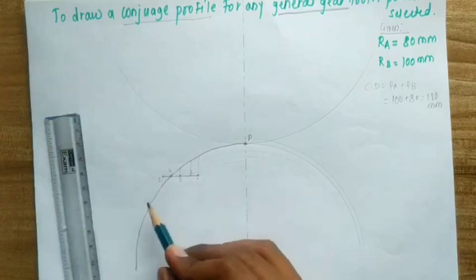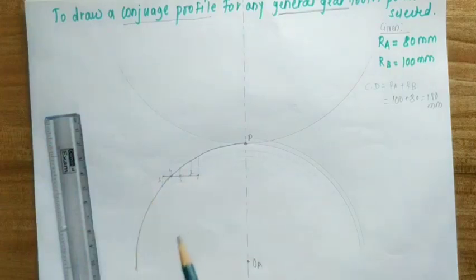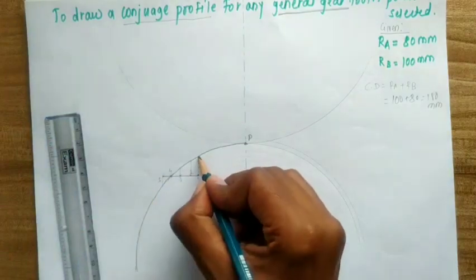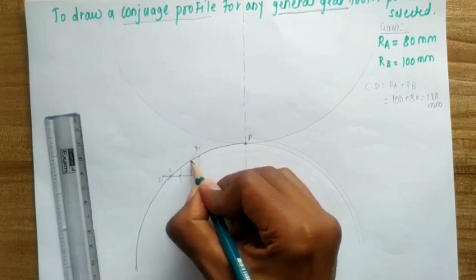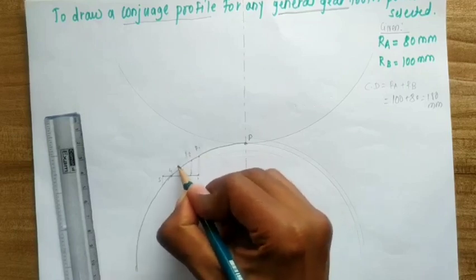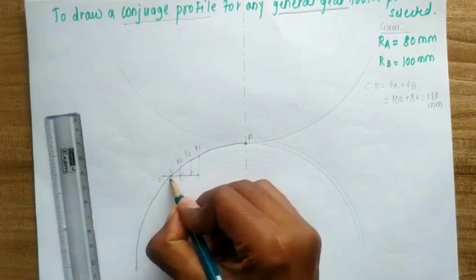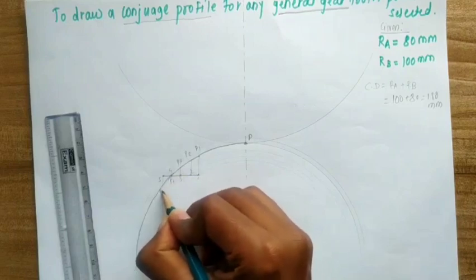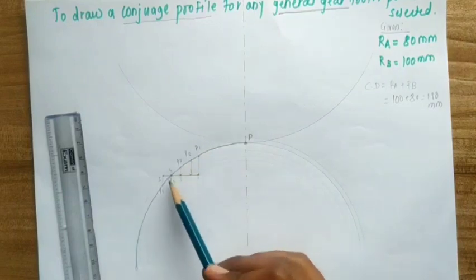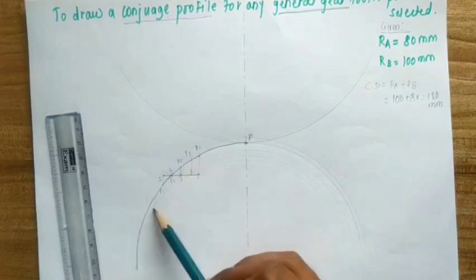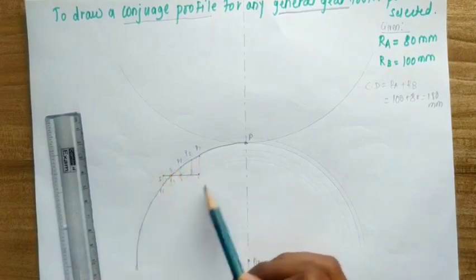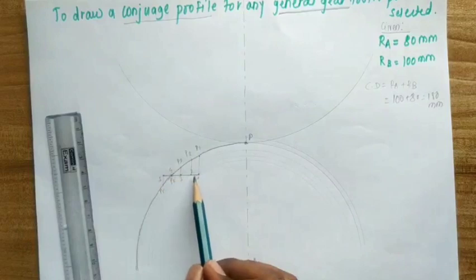Now whenever these normals through 1, 2, 3, 4, 5 cut the pitch circle, let's call these points P1, P2, P3, P4 and P5. So P1 to P5 are the points on the pitch circle obtained when I draw normals to the selected gear tooth profile through points 1 to 5.